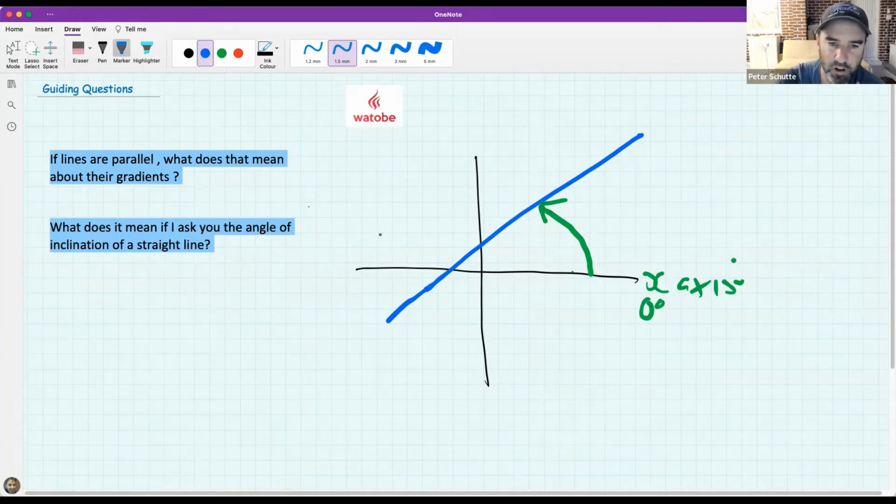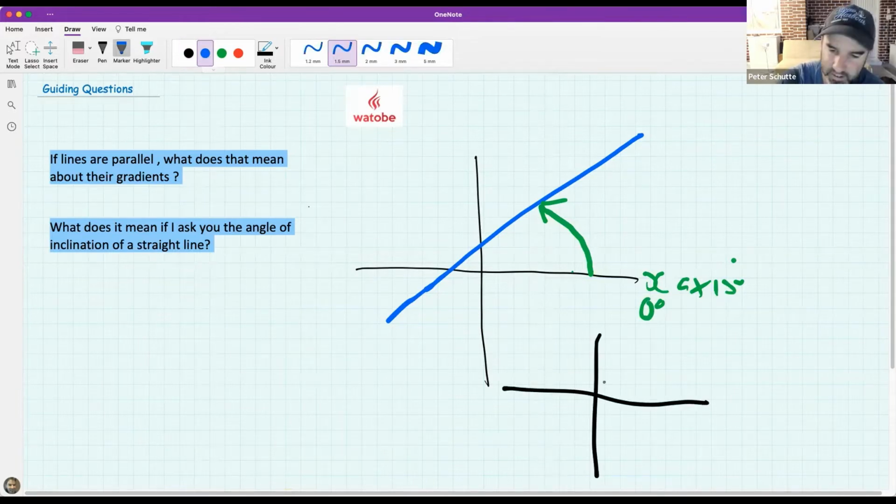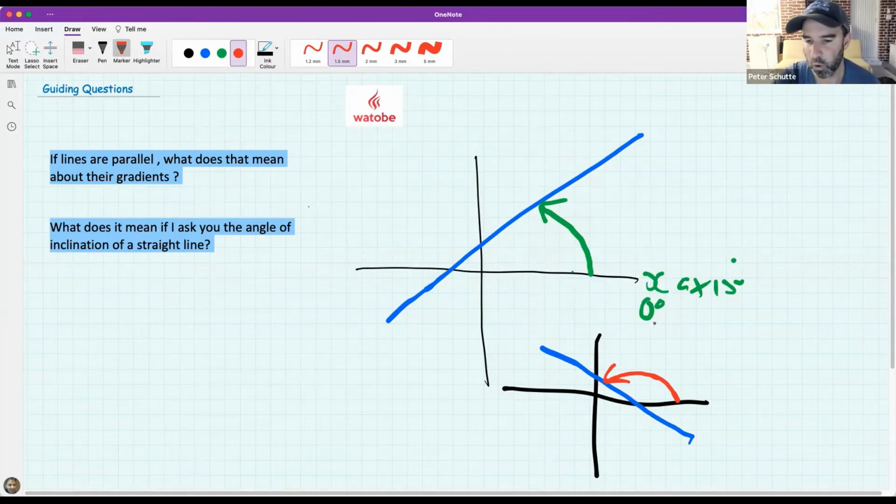If the graph had a negative gradient, in fact, let me take this back for a second. So if we have a straight line like that, then the angle of inclination would just be like that. It basically goes from the positive x-axis to the line, that is the most important thing.